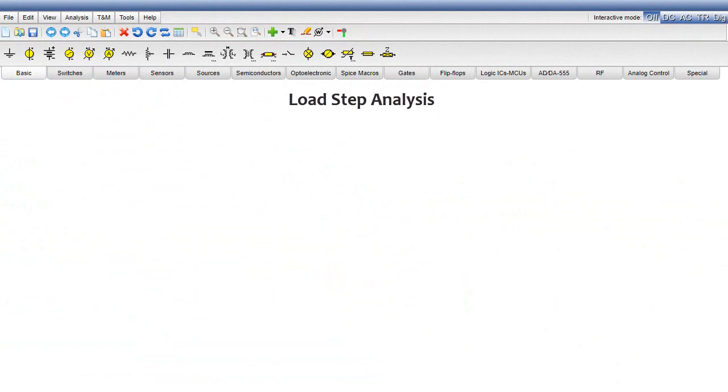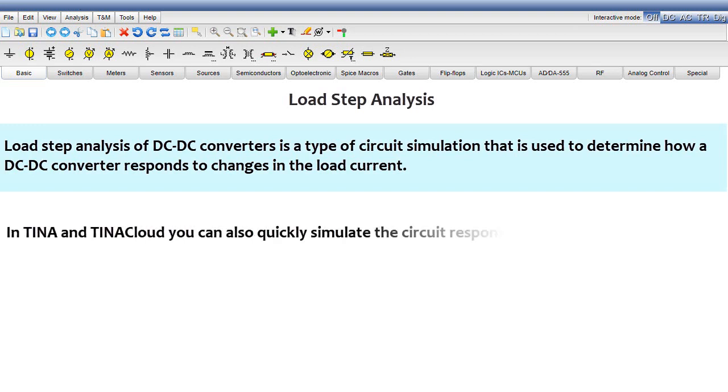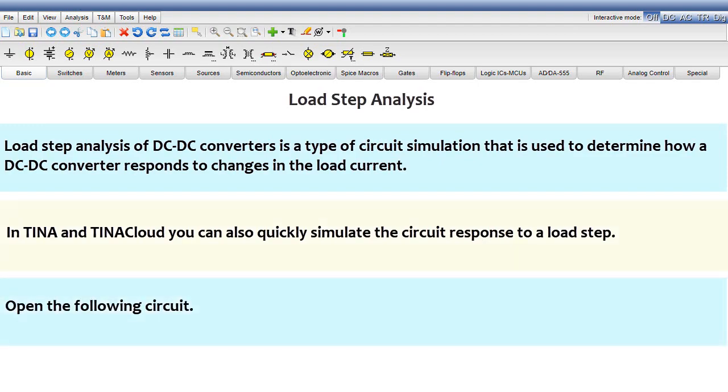Load step analysis. Load step analysis of DC-DC converters is a type of circuit simulation that is used to determine how a DC-DC converter responds to changes in the load current. In TINA and TINACloud, you can also quickly simulate the circuit response to a load step. Open the following circuit.